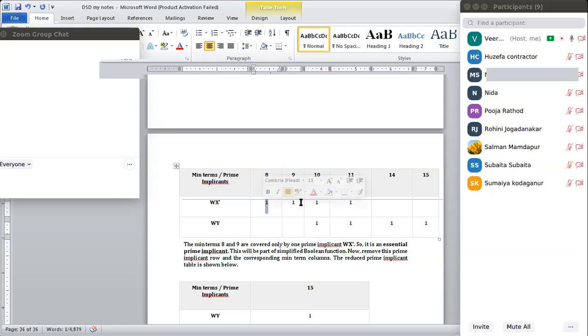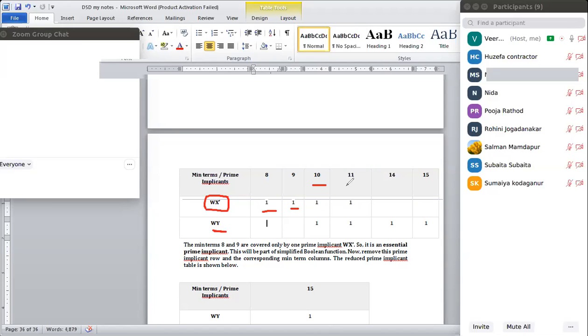Now here 8 and 9 are there, and 10 and 11. So out of these, 8 and 9 are only covered by Wx bar. The 8 is not covered by Wy, neither is the 9 covered by Wy.